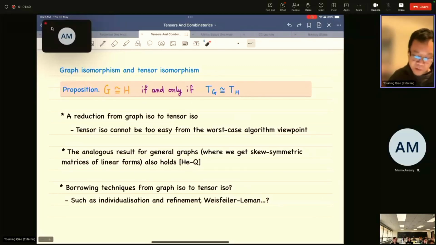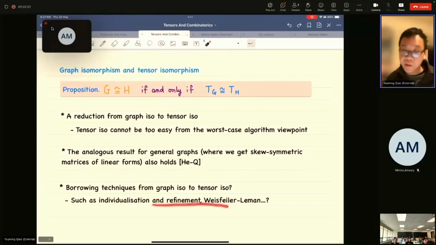And the third implication of such a proposition is that it may hint that at some point we may try to borrow techniques from graph iso to tackle tensor iso. For example, the so-called individualization and refinement, and the graph Weisfeiler-Leman.